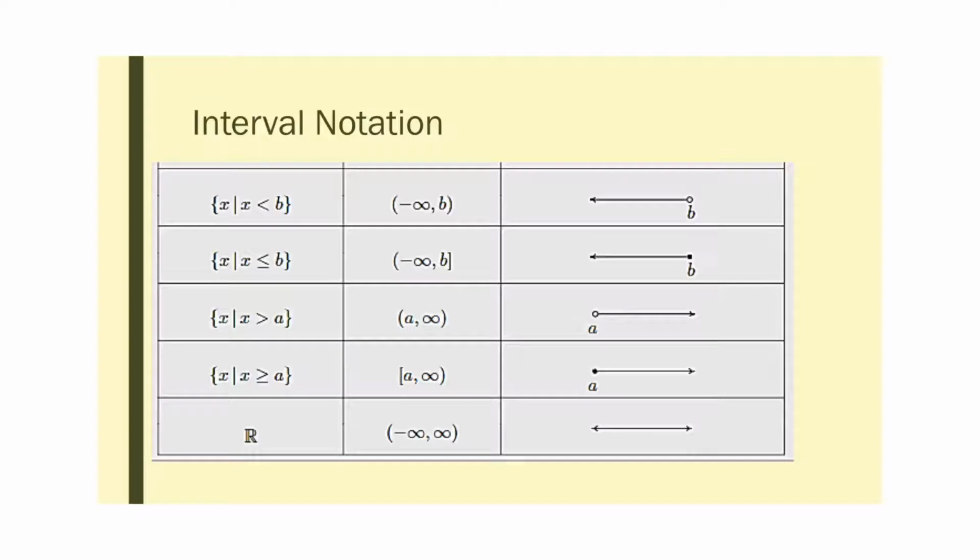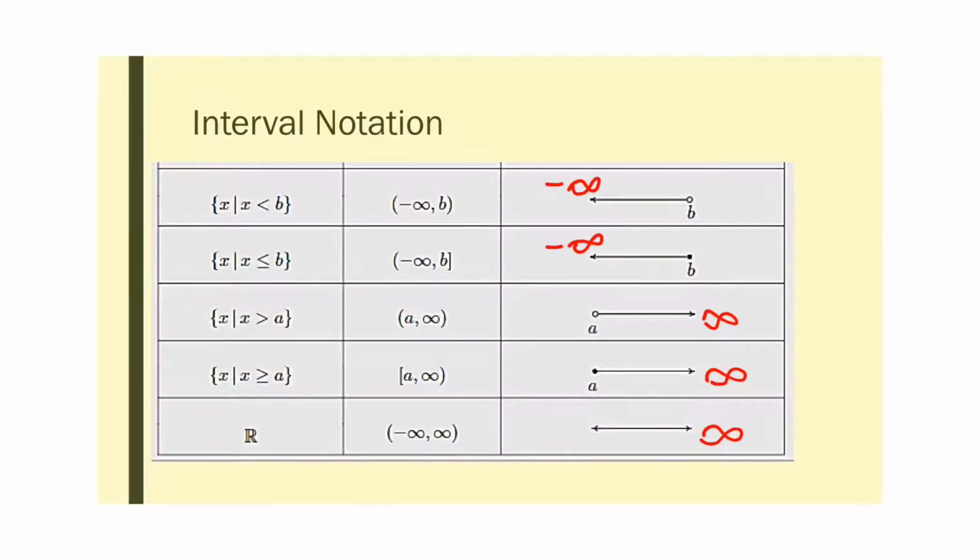Okay, over here, we're talking about x such that x is less than b but does not include b. So b is not included, empty circle, but everything to the left is included. Now we call the arrowhead negative infinity or positive infinity. Okay, so that's what the arrowhead represents.